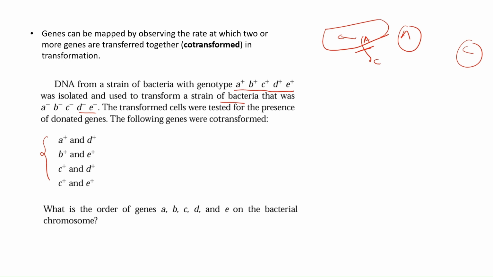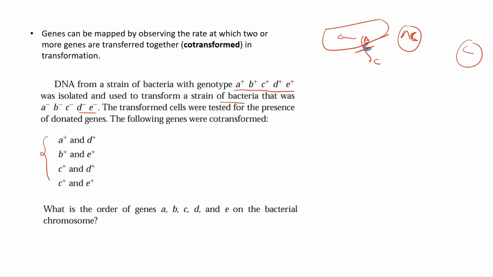If after interrupting the process of transformation we find that genes A and C transferred together, that means definitely gene C is present very near to gene A, and that's why both genes transferred together. If there is a distance between the genes, maybe when we halt the process only one gene got transferred and the other didn't.